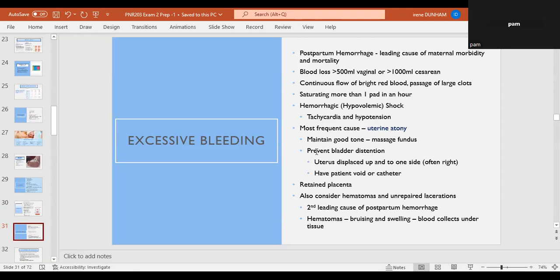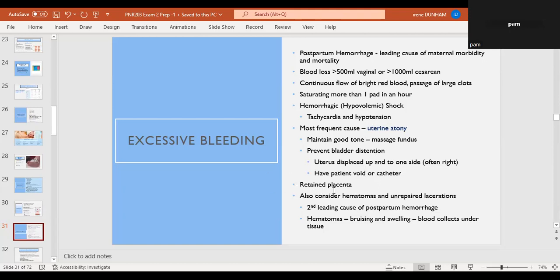And so you have to also prevent that bladder distension that we talked about, because bladder distension causes them to have what? More bleeding. So the uterus now is displaced and over to the side. It's often on the right side, so that's why we said deviate over to the right. And so what are you going to do? Well, you're going to try to get her to void, but if she's really hypotensive, I don't want her to get out of bed, so I probably use a catheter.